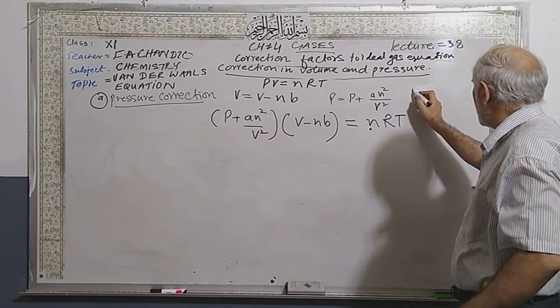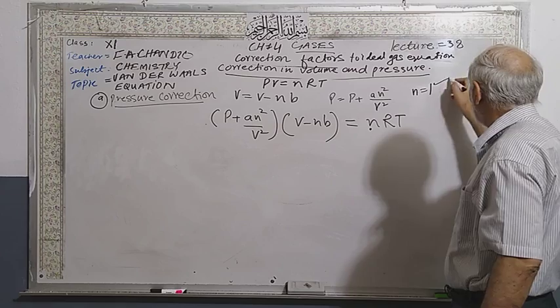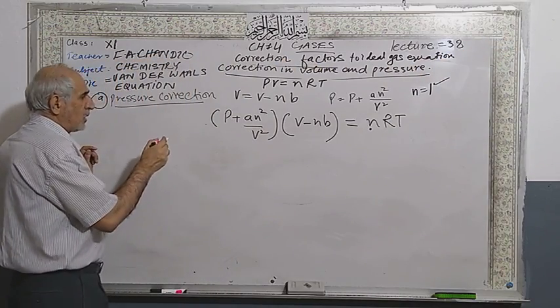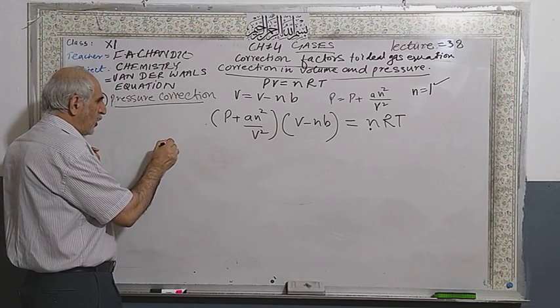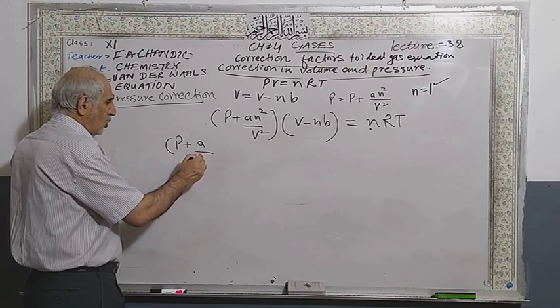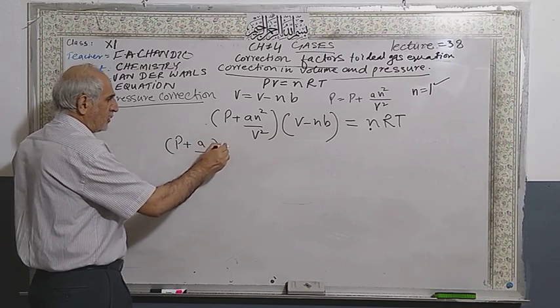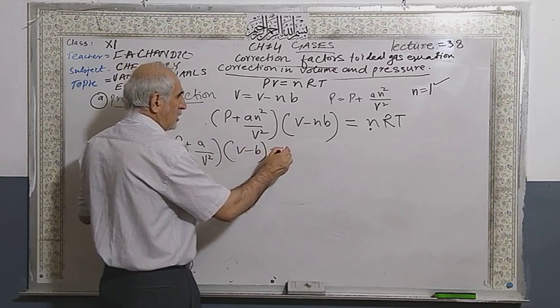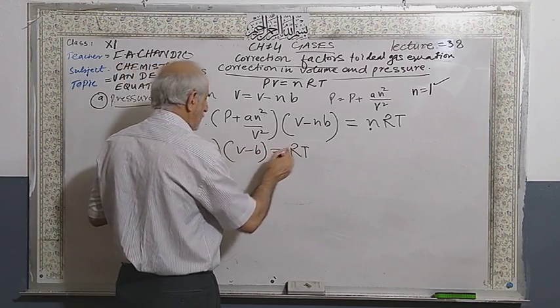If the number of moles is kept constant at 1, then you have the van der Waals equation: P plus a over V square, times V minus b, is equal to RT.